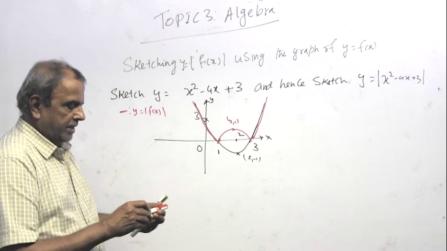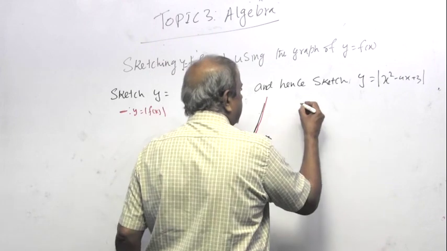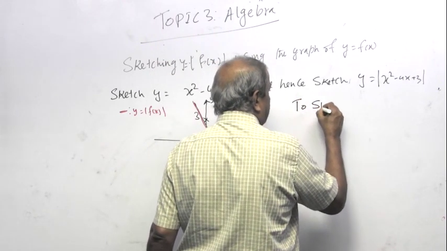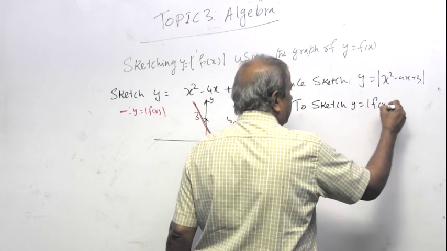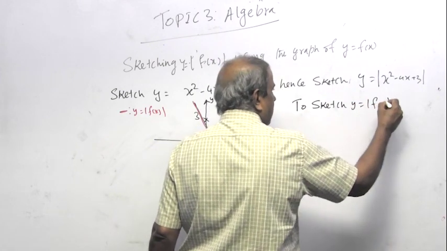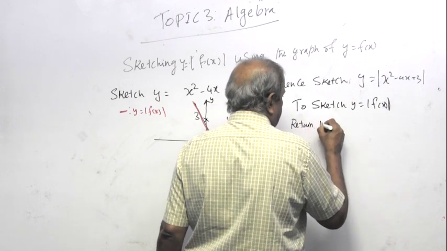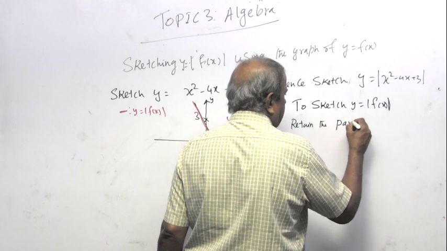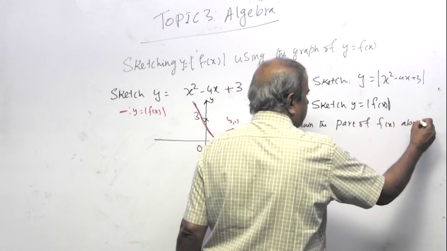So, to sketch, again you don't have to write the notes, it's there. To sketch y equal to mod of f of x, what you do is, one, retain the part of f of x above the x-axis as it is.